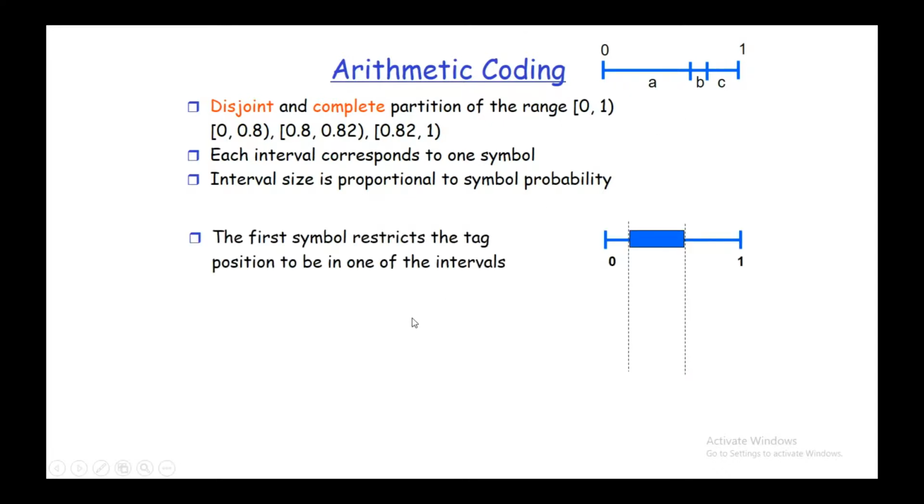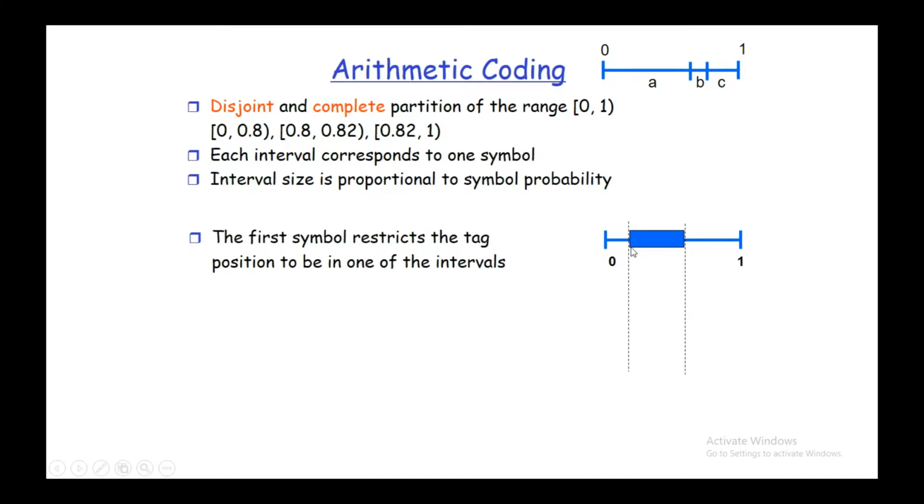The first symbol restricts the tag position to be in one of the intervals. If you remember what we have told, the entire input string will be characterized by a tag. So the first symbol which occurs in the input will decide the interval for the tag. For example, suppose it is from 0.2 to 0.5.